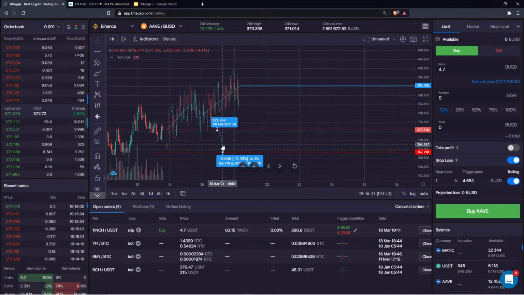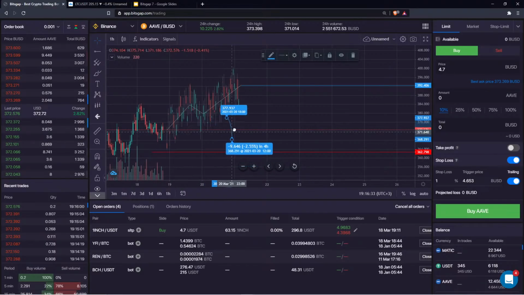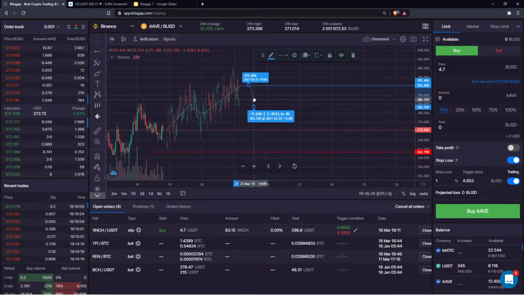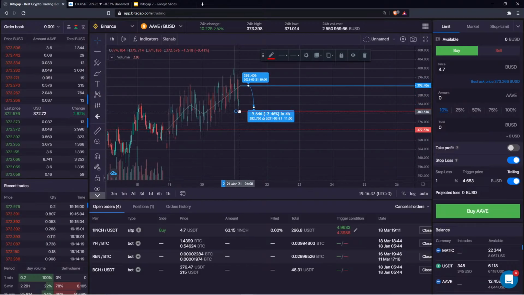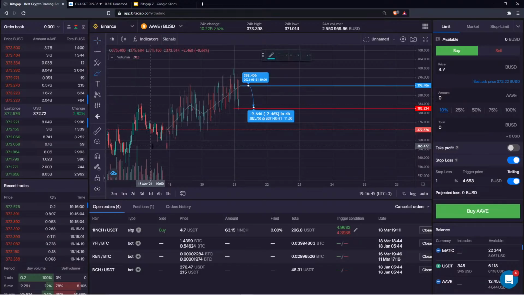So the stop loss is going to move together with the market. It's going to maintain the same gap of 2.59%, right? So your stop loss is going to be here. So from that point A up to the point B, this is what trailing enables you to do.